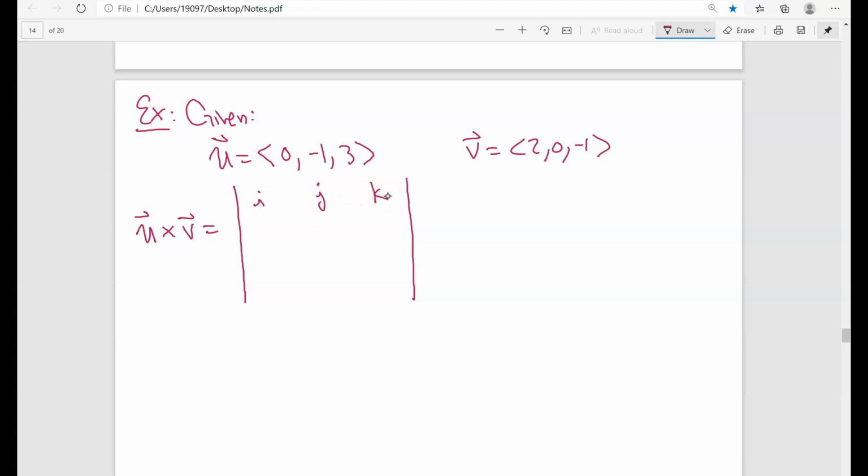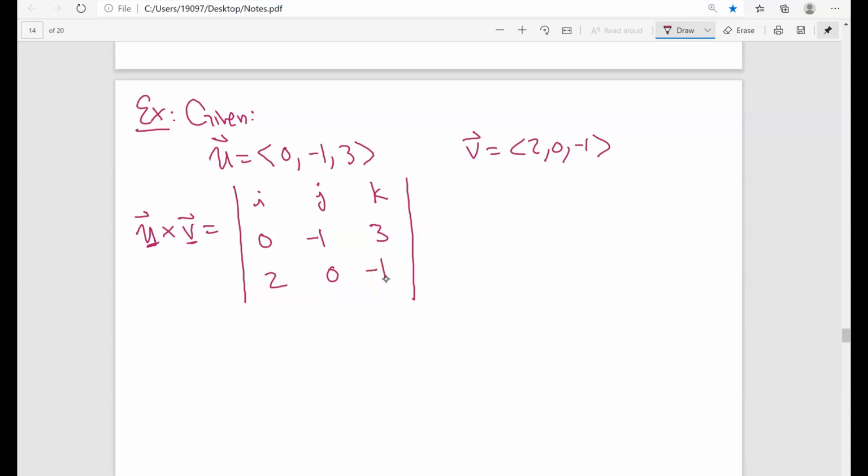Imagine that i relates to the x direction, j relates to the y direction, and k relates to the z direction. Now the second row is going to be the vector u, so 0, -1, and then 3. And then vector v is going to be the last one, 2, 0, -1.